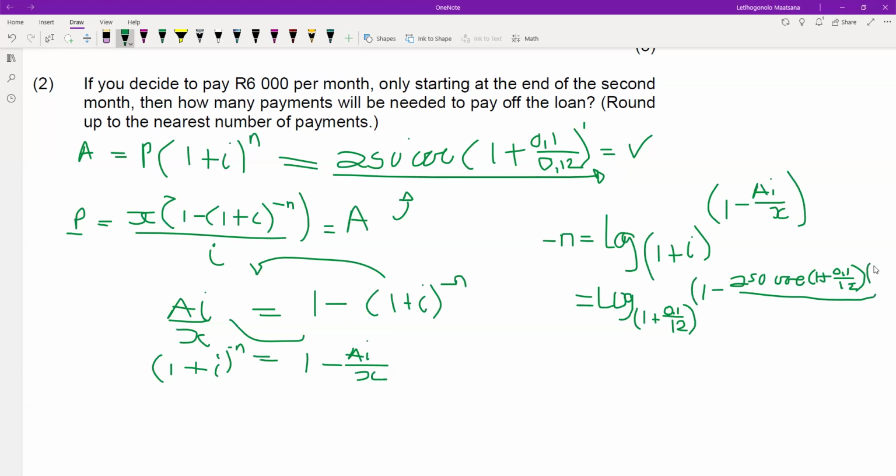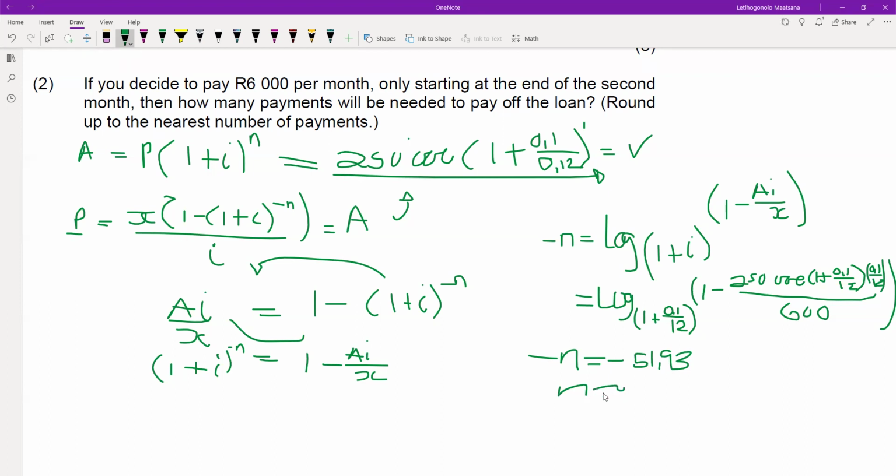Multiplied by I, which is 0.1 over 12, and everything will be under X, which is 6,000. We will then get that negative N is equals to negative 51.93. Divide both sides by negative 1.